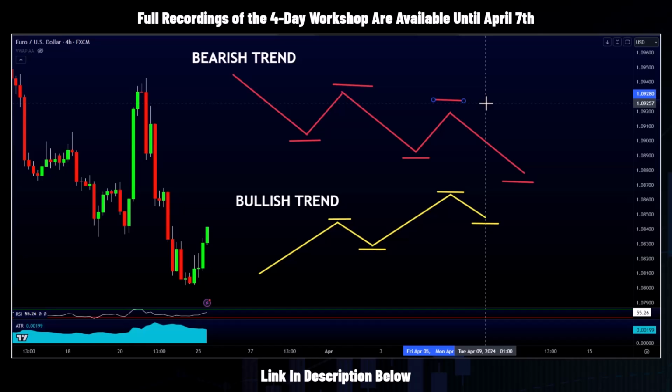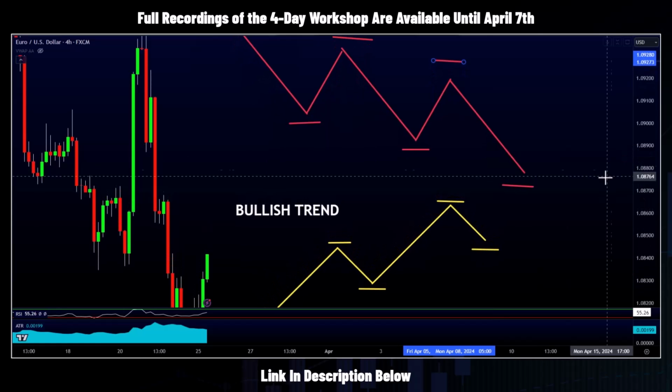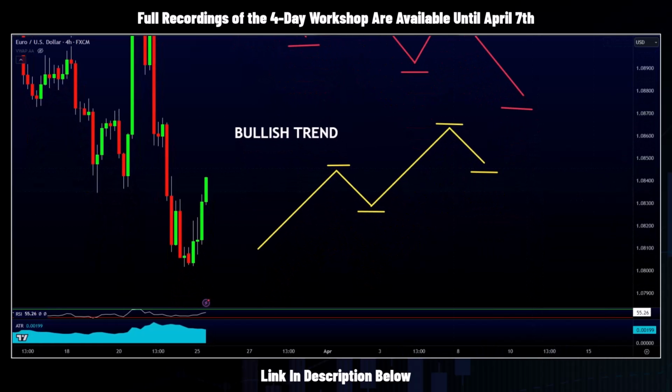Perfect. Now, if we want to put another label of rules on them, we can do that as well. So we'll take the bullish trend to start, right? Our initial starting point of the bullish trend, this is going to be redundant, but it's going to be called our starting point.